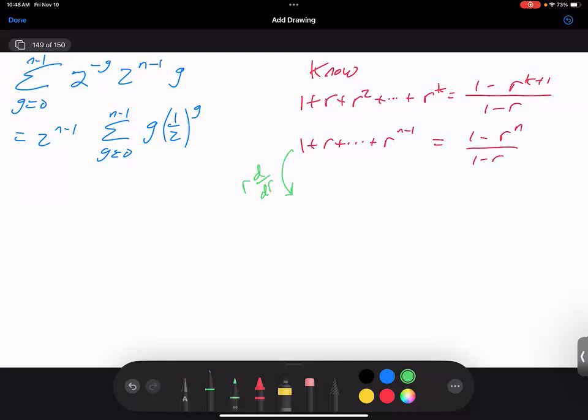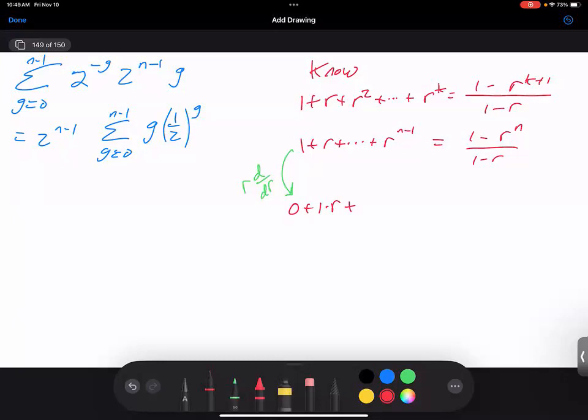If I take the derivative of 1 with respect to r, what do I get? So let's do it very carefully. The derivative of 1 is going to be 0. The derivative of r is 1, and then I multiply by r, so I'm going to get 0 plus 1 times r. What's the derivative of r squared? 2r.